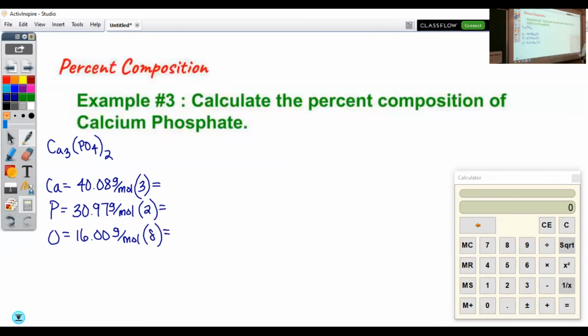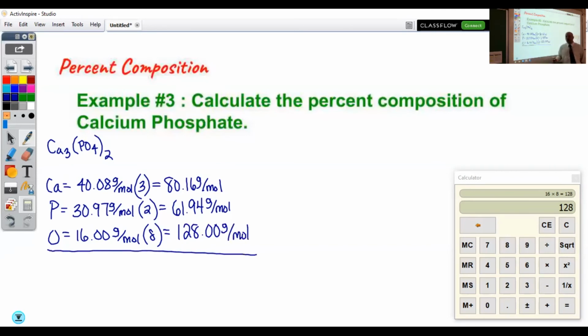So for the first one, we're going to wind up with a molar mass of 80.16 grams per mole. For the second one, we have 30.97. We're going to multiply that by 2, so we get 61.94 grams per mole. And for oxygen, we will get 128.00 grams per mole.